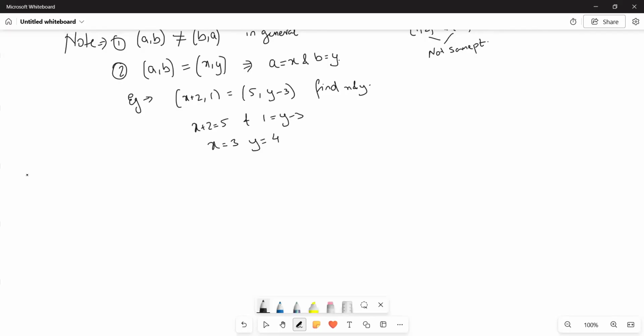So after ordered pairs, we come to the next definition, which is the Cartesian product of two sets.